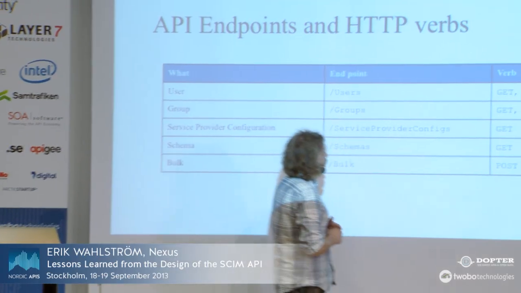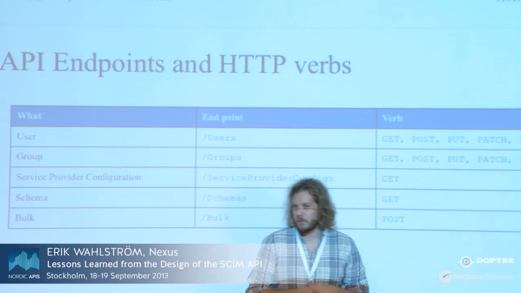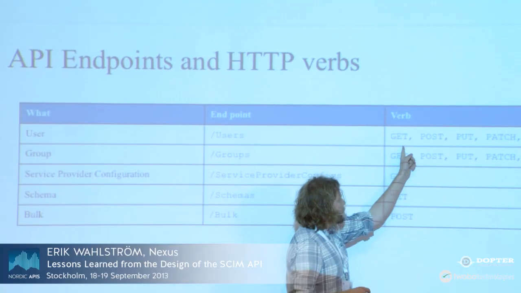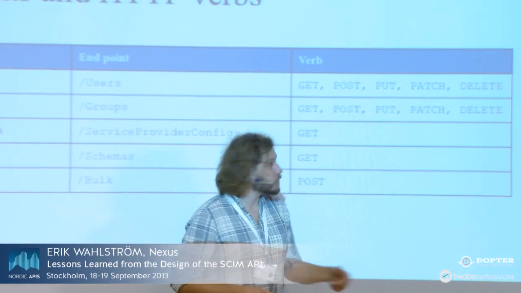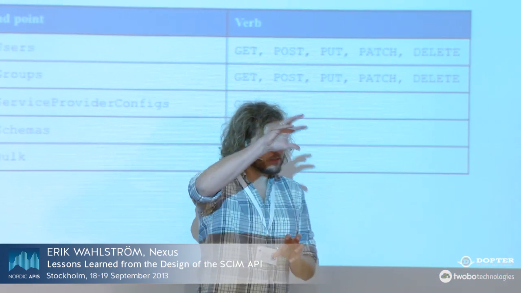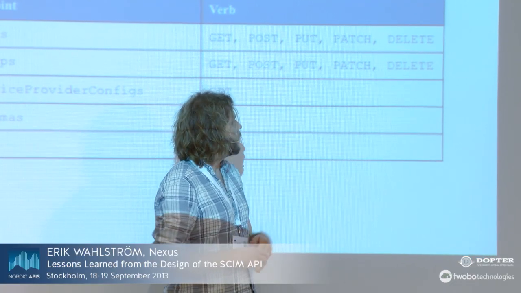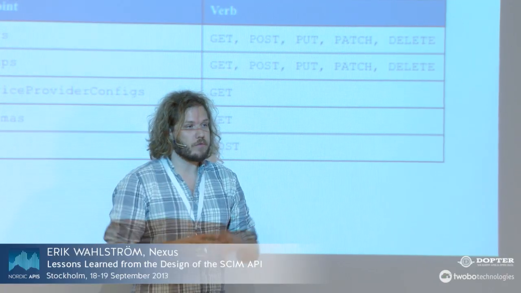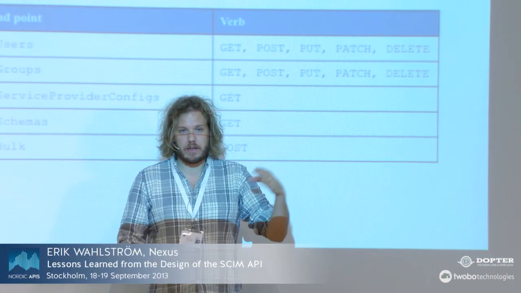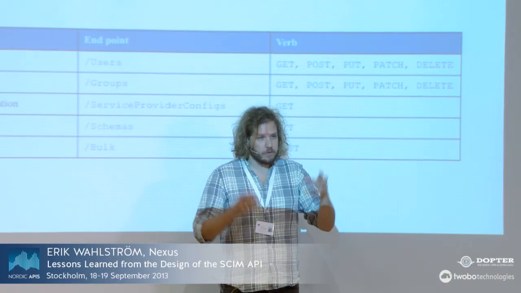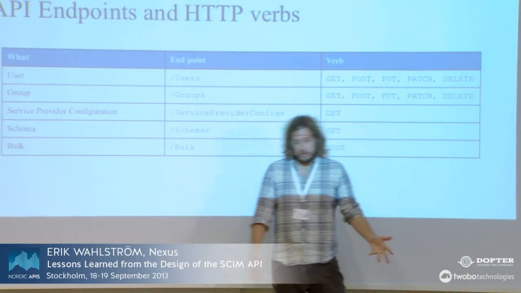When we talk about the verbs here, get, someone will guess what that is, but it's get a user from the server, post creates a user, put replaces a user, patch, it's a special thing there, but it updates the user. If you have a huge group of all of your employees, you don't want to replace it every time you add a new user. You just want to add one specific user there. And delete removes the user.